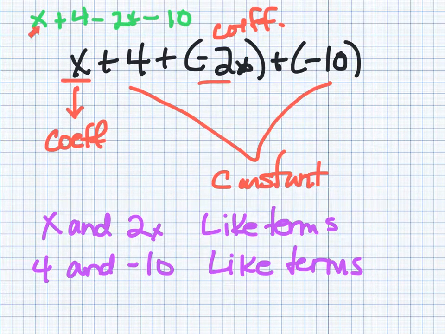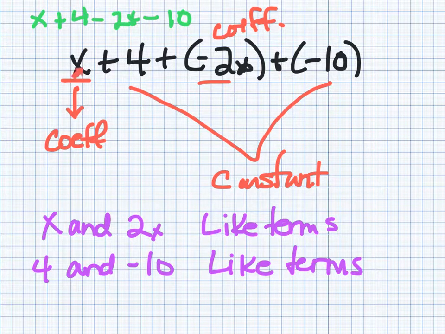So looking up here, I have an expression x plus 4 minus 2x minus 10. I could identify my coefficients, so there's x, where 1 would be before the x, and 2. Now here, I have minus 2x and minus 10, so I'm going to rewrite it as a sum, as an addition problem.